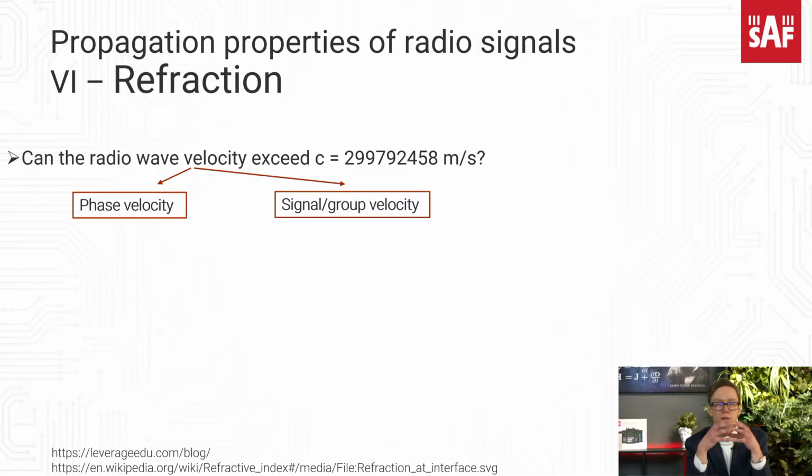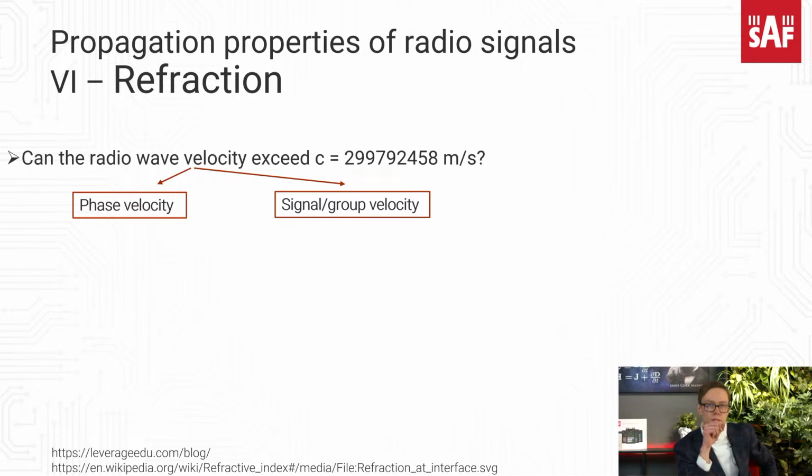The same term is also sometimes called signal velocity. Why? Because we send some piece of information with this. And it turns out that the phase velocity under certain conditions could exceed the speed of light in vacuum.